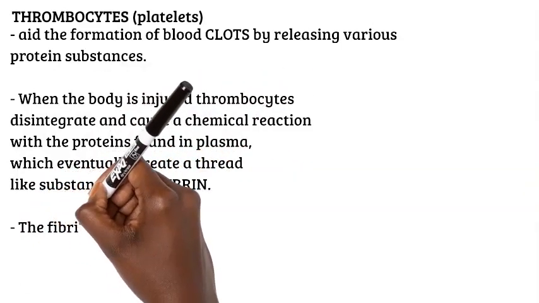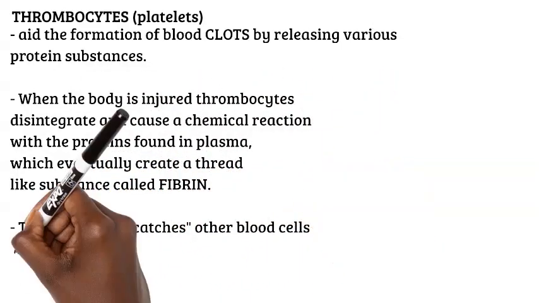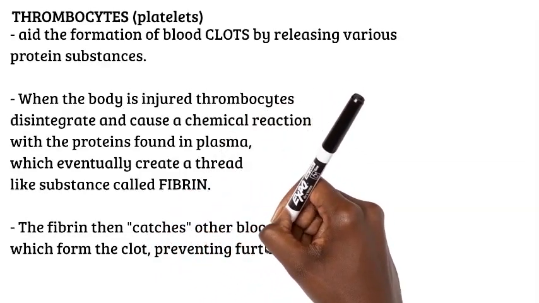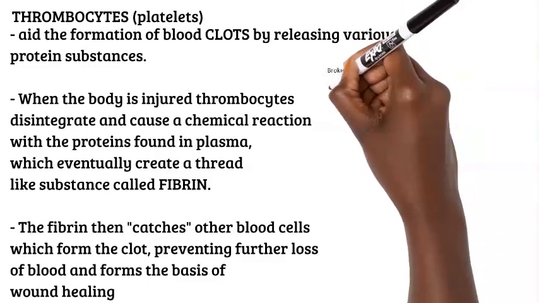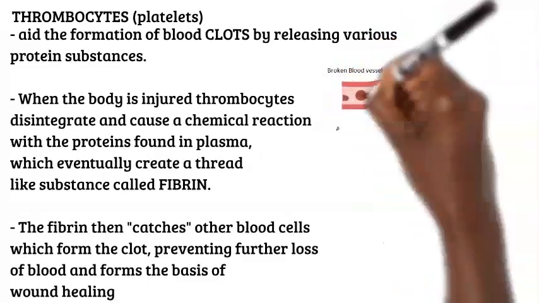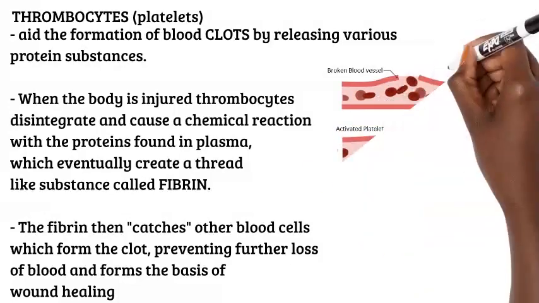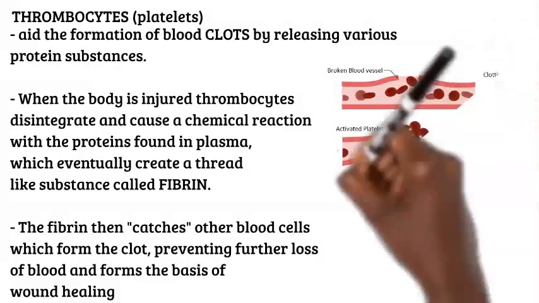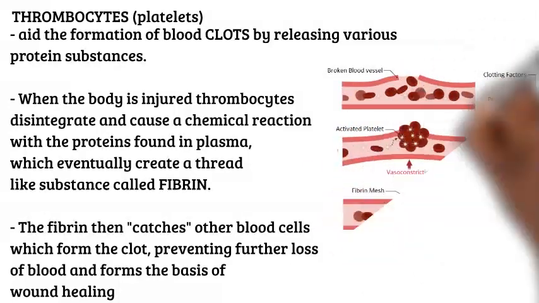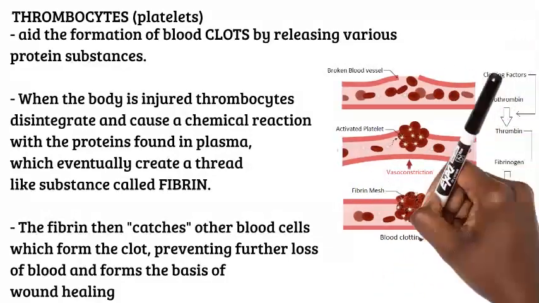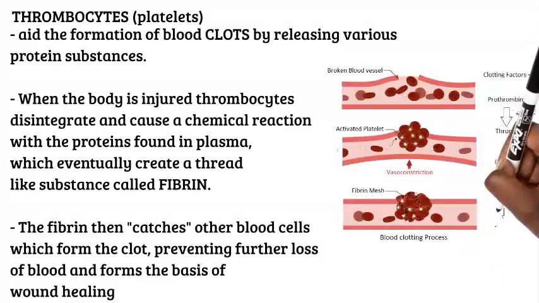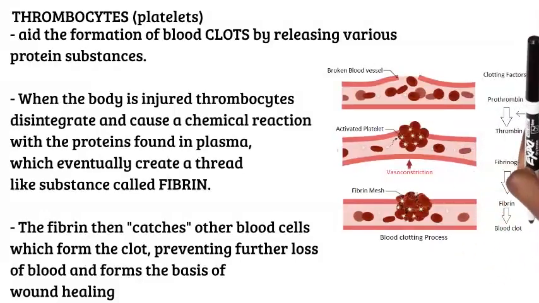When the body is injured, thrombocytes disintegrate and cause a chemical reaction with the proteins found in plasma, which eventually creates a thread-like substance called fibrin. The fibrin then catches other blood cells which form the clot, preventing further loss of blood, and forms the basis of wound healing.